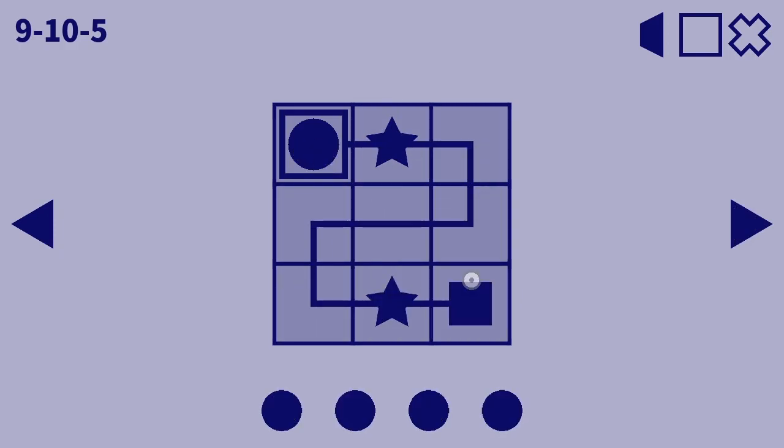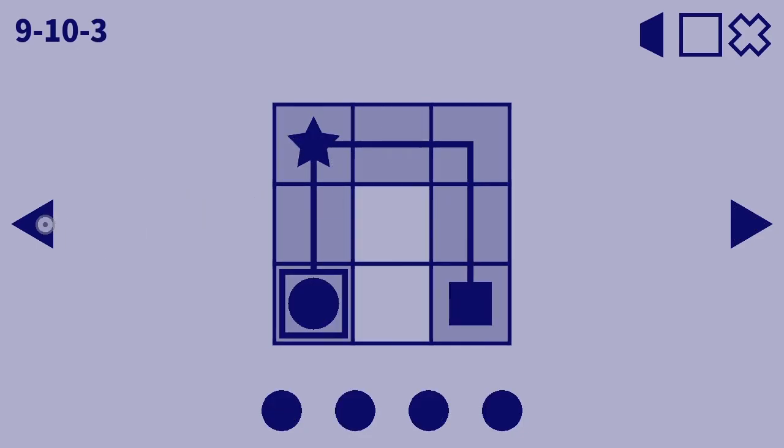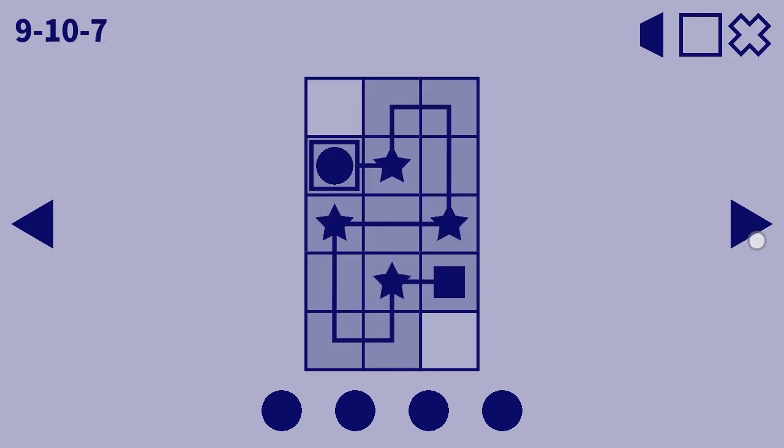That works. That also works. That also works. That does not. Oh, I'm not seeing it. Oh, that's the last one as well. What?